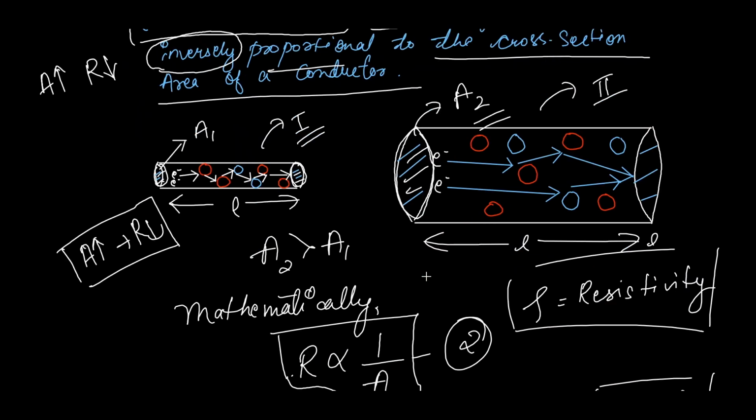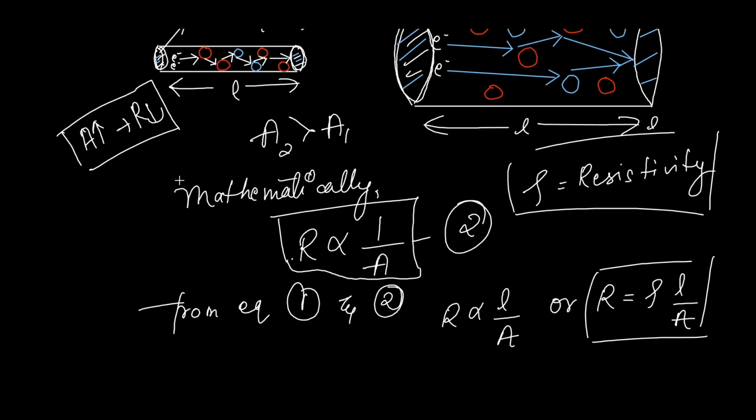And next, if you increase the cross section area, then the resistance will decrease, which gives us the equation R is inversely proportional to A. From equations 1 and 2, if we combine these two, I can write R is proportional to L and inversely proportional to A in a single equation.